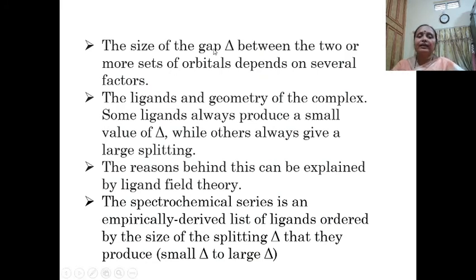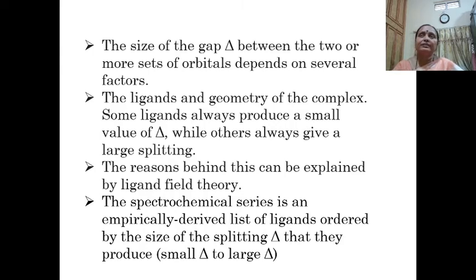The size of the gap delta between the 2 sets of orbitals depends on several factors, namely the ligand and the geometry of the complex. Some ligands produce a small splitting, while others produce a large splitting.